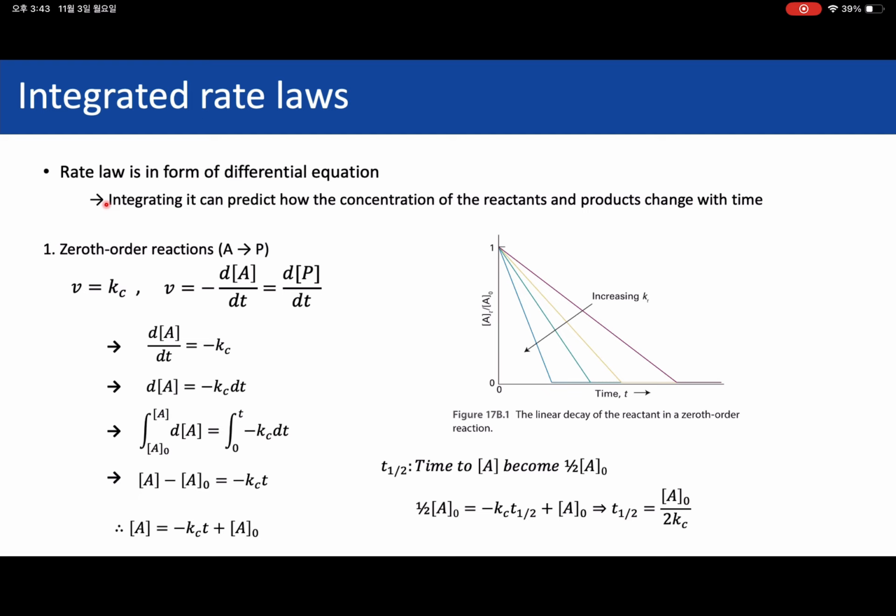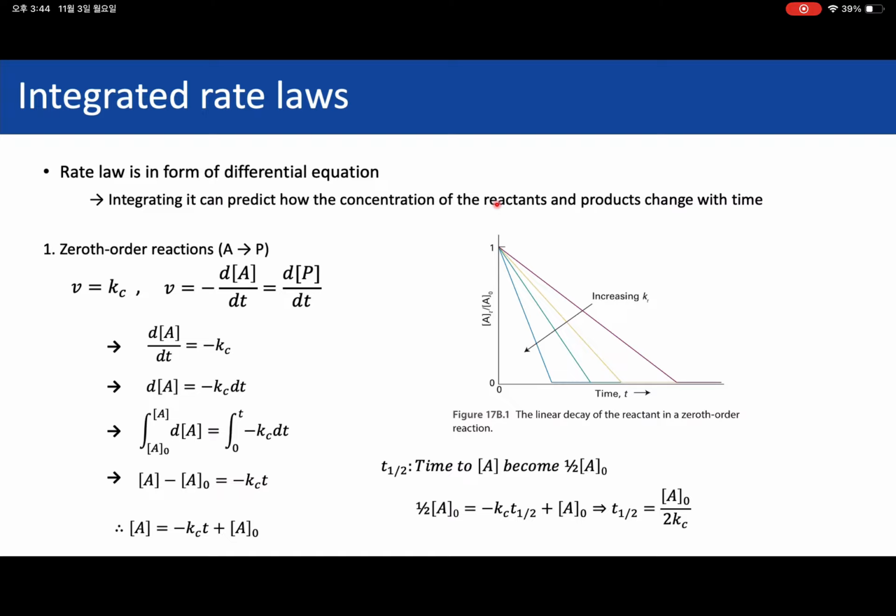Of course, we are able to measure the evolution of this concentration with respect to time from the experiment, but we cannot do the experiment for all the concentrations and for all the time points.